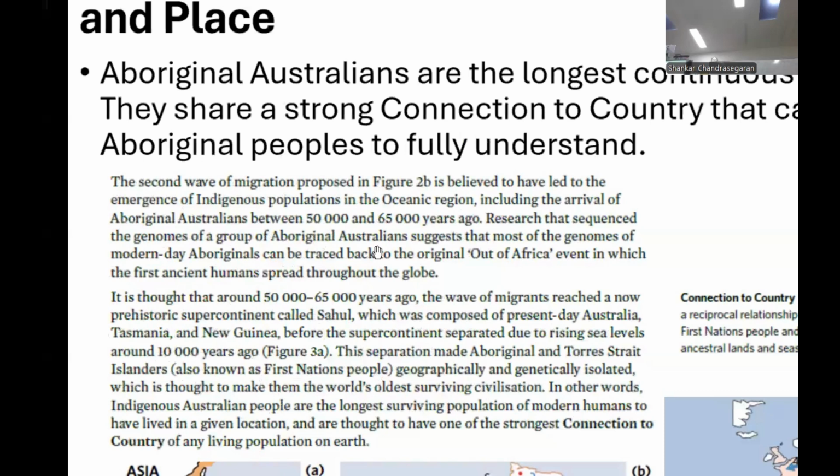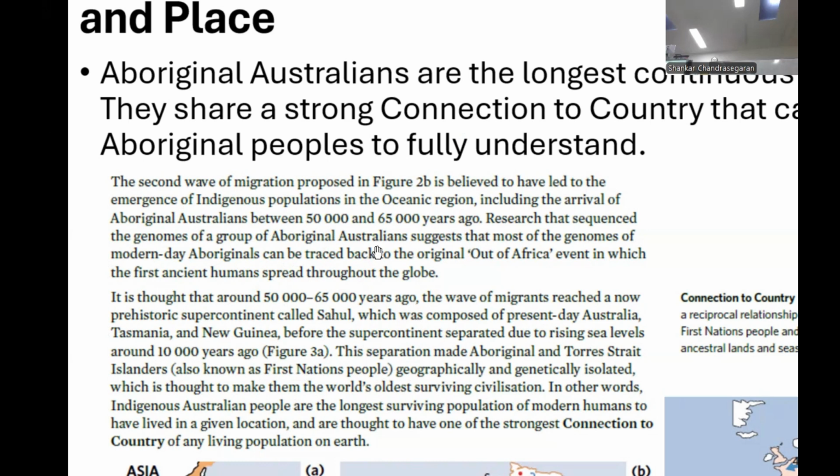Aboriginal Australians are basically counted as one of the oldest surviving civilizations due to the fact that they became geographically isolated in one region right after they migrated there, and after that they did not migrate anywhere else, and they were isolated from the rest of the world for the longest time.